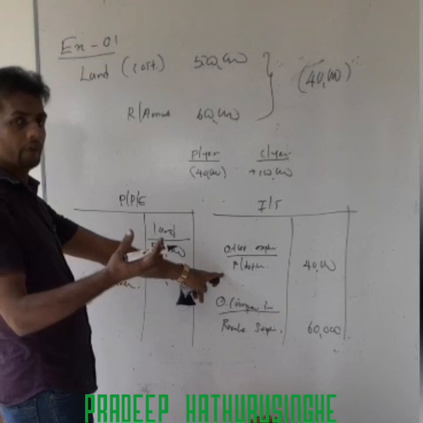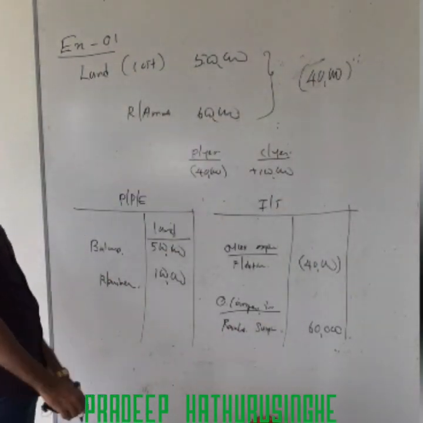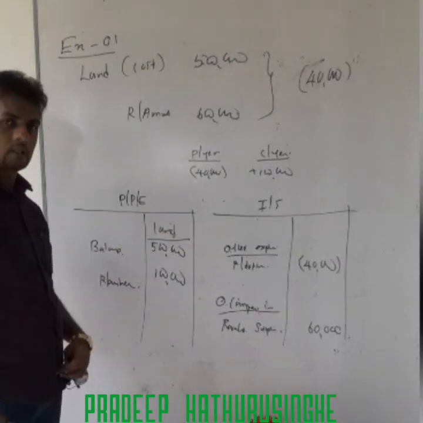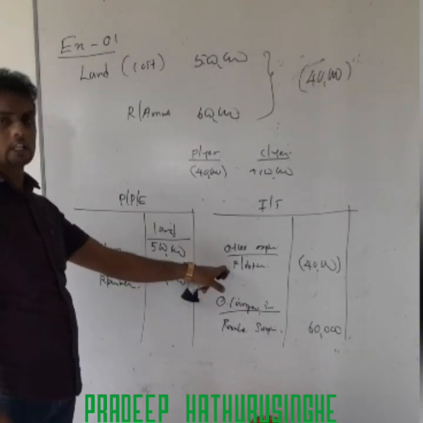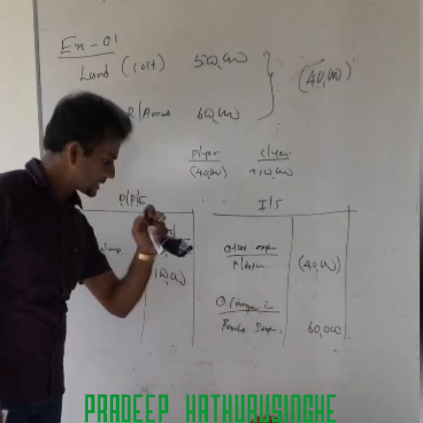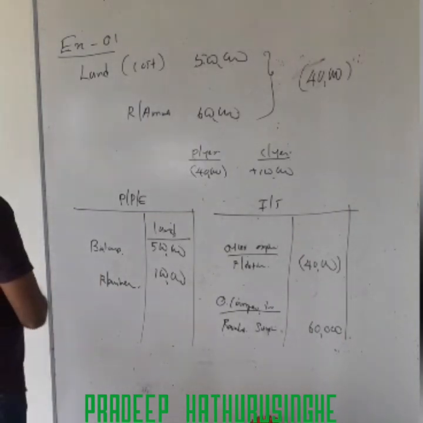We have to set it off, deduct it from current year expenses, because in the previous year it is shown as an expense. So in this year we can deduct that value from the relevant expenses, and only 60,000 should be shown here as other comprehensive income. This is right. Then next one.